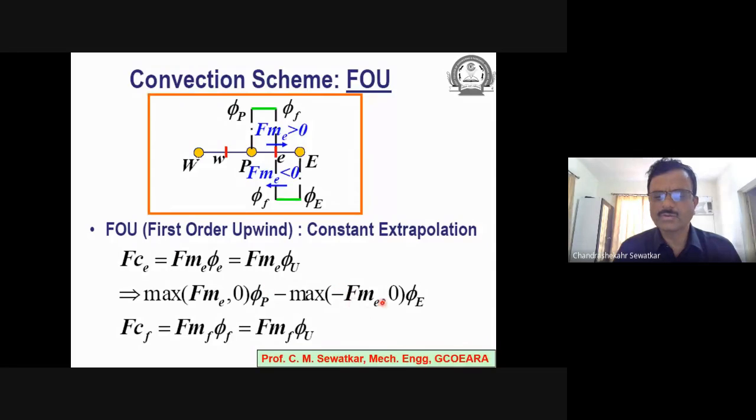And minus FME, this becomes positive. So this term will be maximum and hence this term will be retained and hence phi E will be retained. So when the flow is in positive x direction, this term is retained. When the flow is in negative x direction, this term will be retained. So thus I can implement the first order upwind scheme to calculate FCE. So FCE is FME into phi u. So phi u is either phi P or phi E, depending on the direction of the flow.